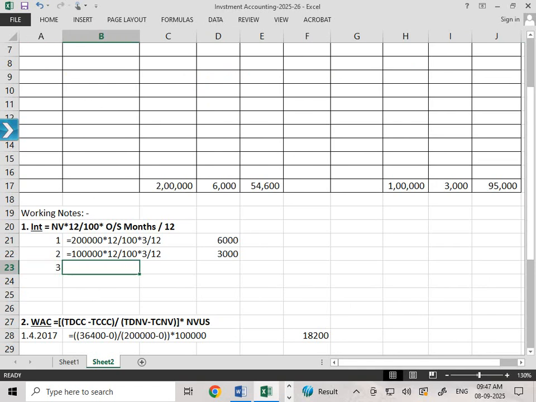Third, how many months? Here 6 months. On balancing figure. Balancing figure is 1 lakh. How much it comes to? 6,000.